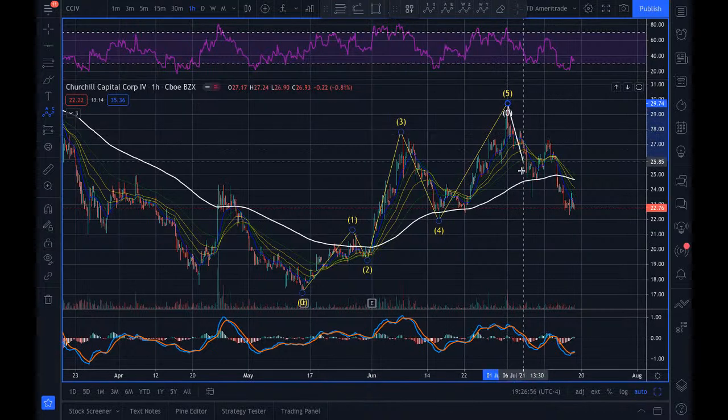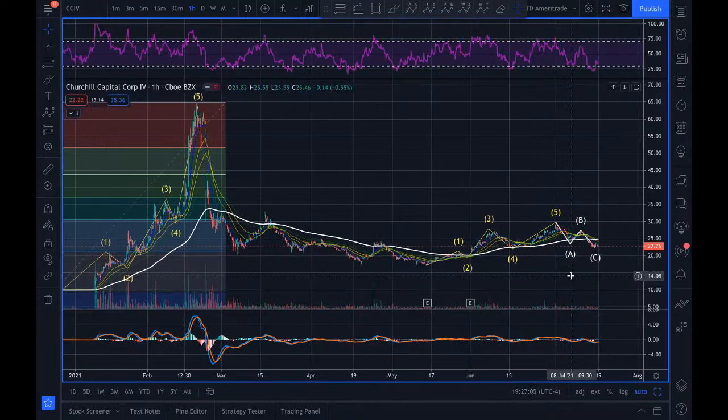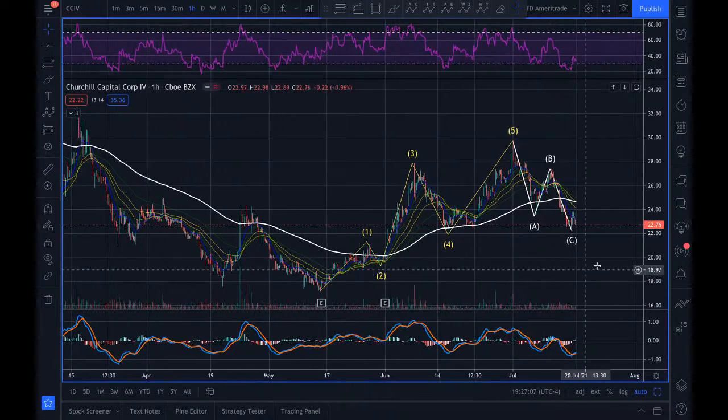I see 5 subwaves down, a wave up, and 5 subwaves back down. I think this might be a good buy right now.